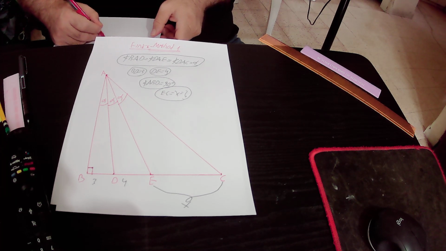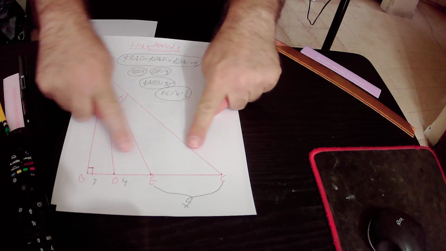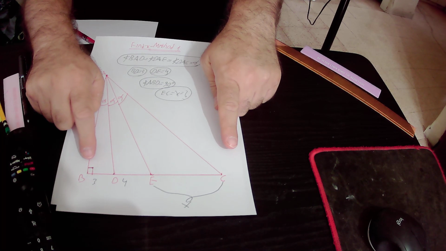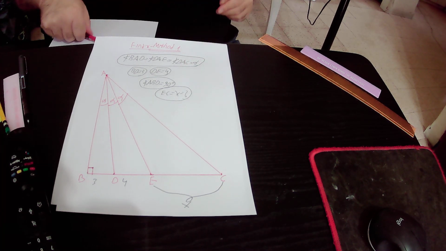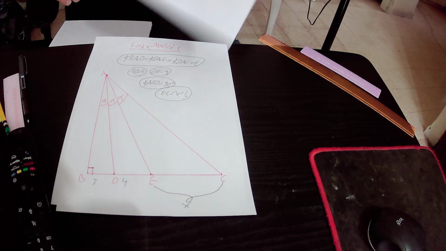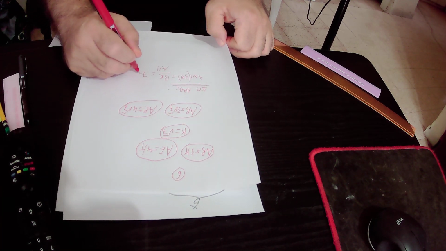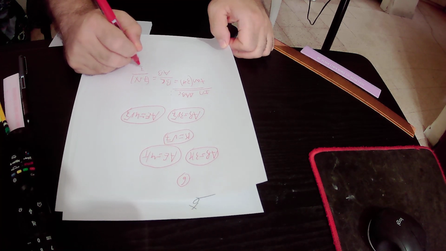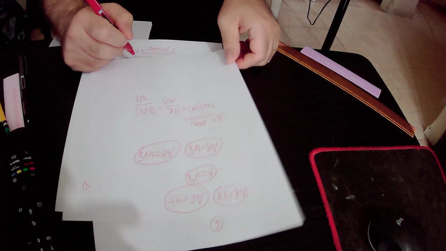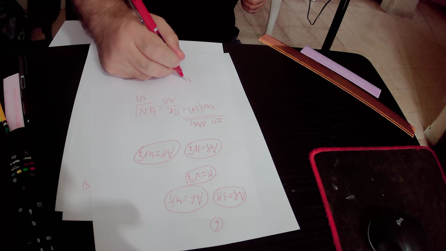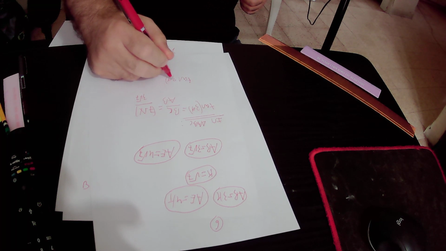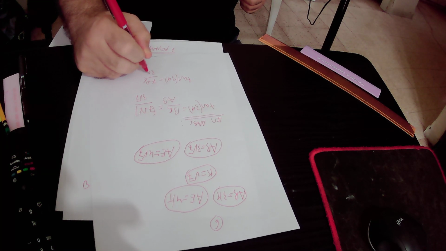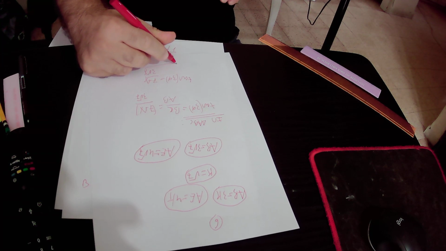But what is the value of BC? BC equals 3 plus 4 plus x. So BC equals 3 plus 4, which is 7, plus x. So we can write that BC equals 7 plus x. And we have already found out that AB equals 3 times root 7. So in total we found out that the value of tangent 3 alpha equals 7 plus x over 3 times root 7. Okay?